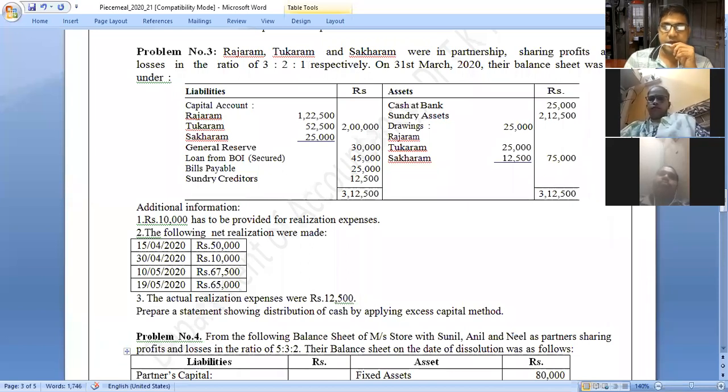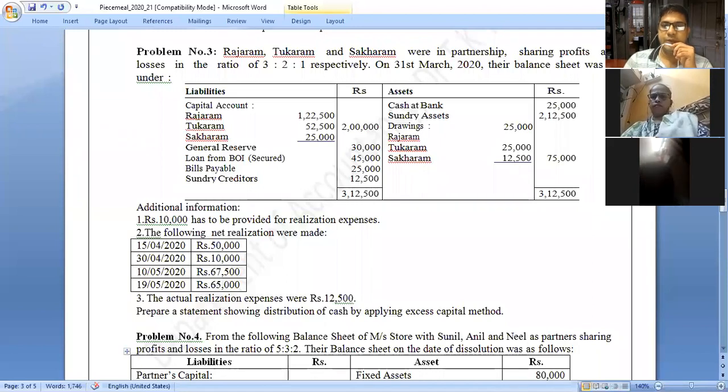Rajaram's general reserve share 15,000, Tukaram 10,000 and Sakaram 5,000. How will we calculate? 30,000 into 3 divided by 6, so Rajaram's share of the general reserve is 15,000. Tukaram's share, how will we calculate? 30,000 into 2.